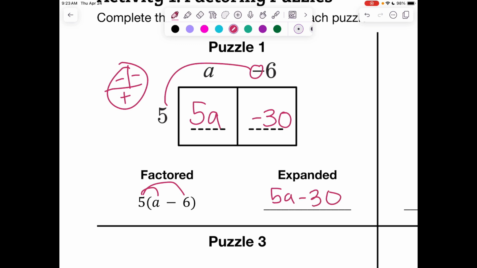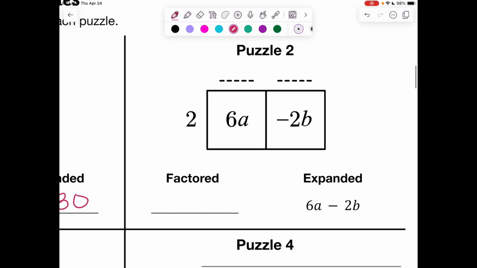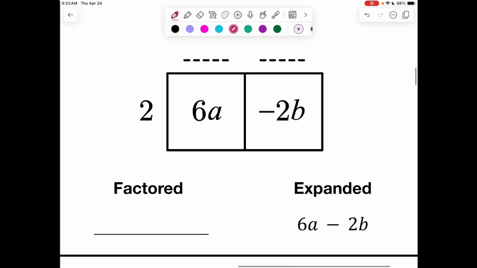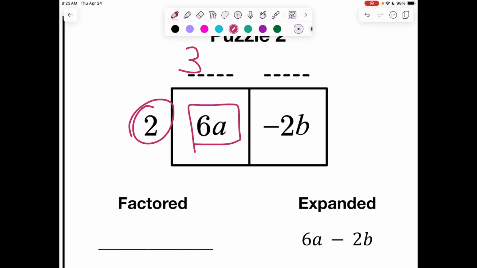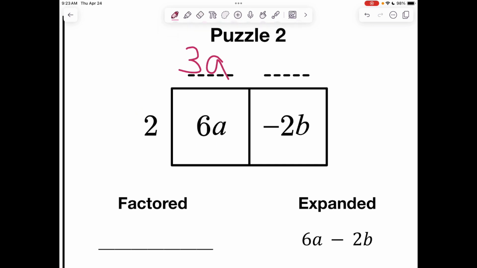So let's practice a couple more. Number 2, this time they wrote it out for us. We need to figure out what number times 2 gives us 6a. Well, 2 times 3 gives us 6, and then we just need to add an a so that we have this a in the middle. So 2 times 3a equals 6a. Now we need to think 2 times what equals negative 2b.